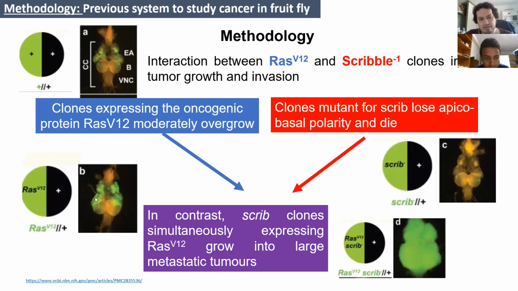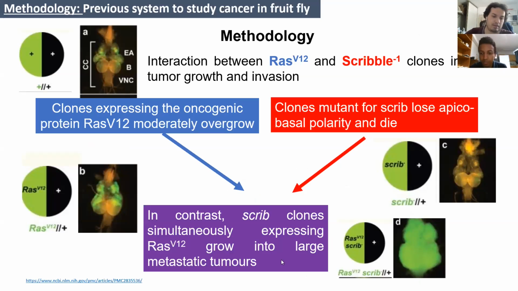When you have RAS there is overgrowth. When you have Scribble it is very faint, they are dying. But when you look at what happened when you combine them, everything becomes like a huge tumor. This is how they started finding that the combination of these two genetic perturbations can produce overgrowth.